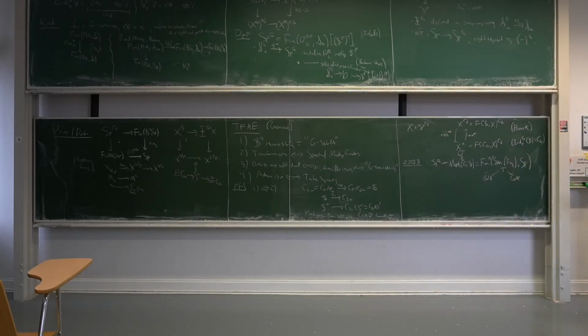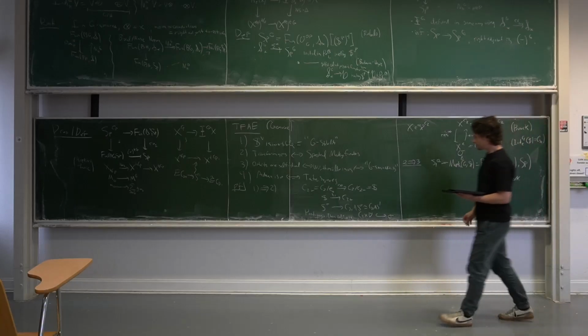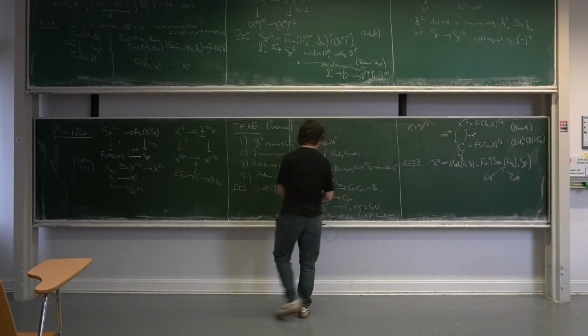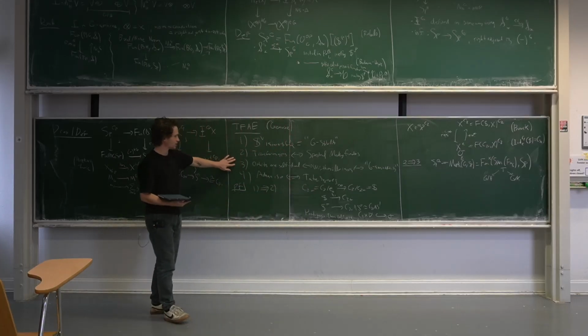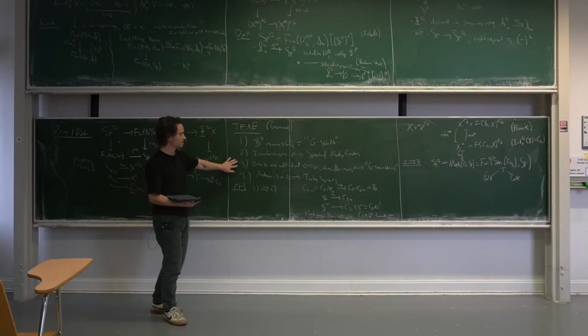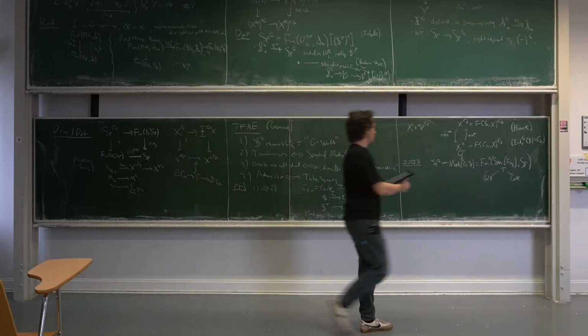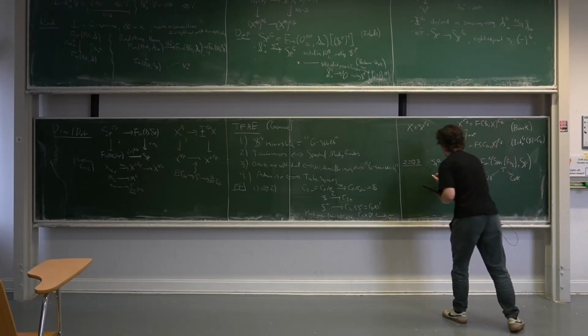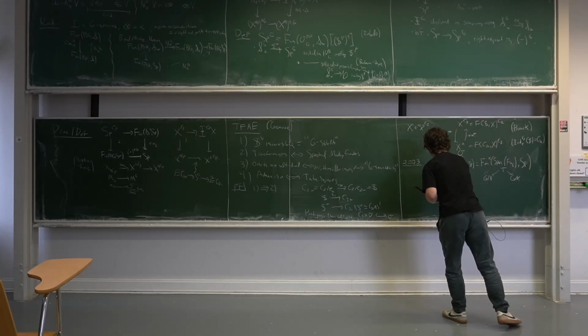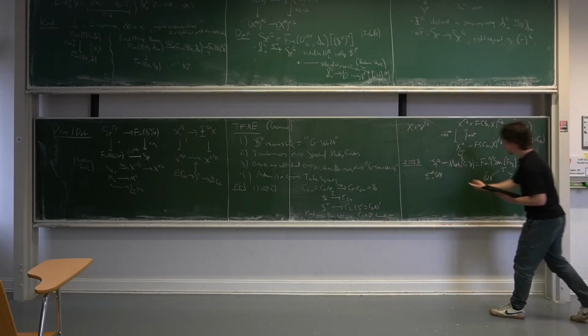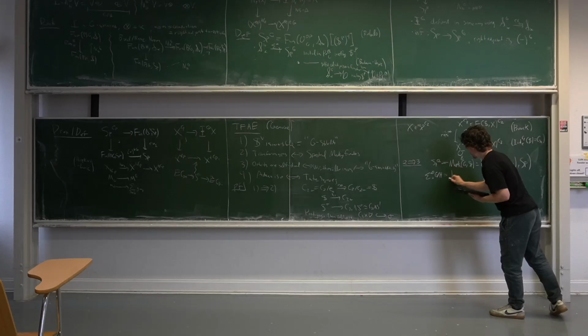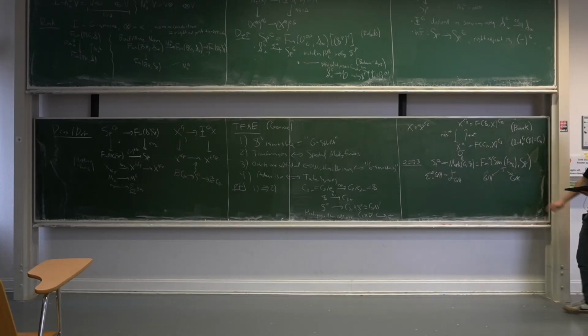And the point is that, I'm going from 2 to 3, so I want to show you that the orbits are self-dual. So the point is just that the suspension spectrum of an orbit as a genuine G-spectrum from this point of view is the same thing as the sort of Yoneda object on the orbit G mod H from the point of view of this as a functor category.